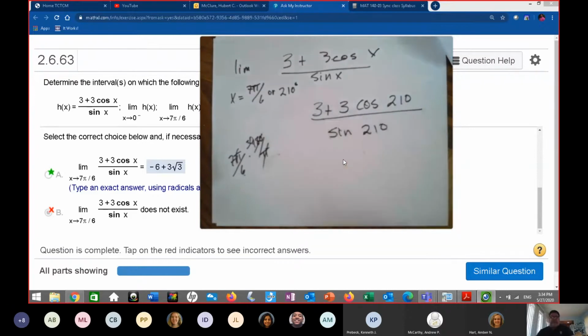Somebody tell me what 210 is. Y'all can talk. You can turn your mute off if you want to. What is 210 in trig? Okay, you go pretty much 5 pi over 6. 5 pi over 4.